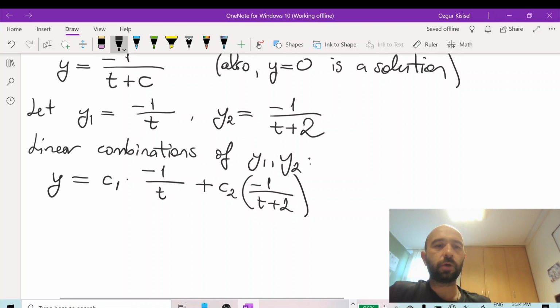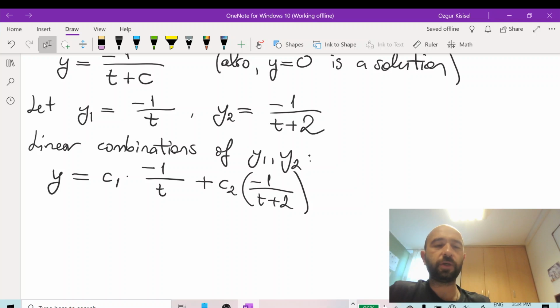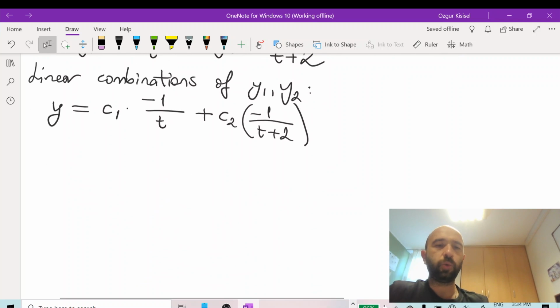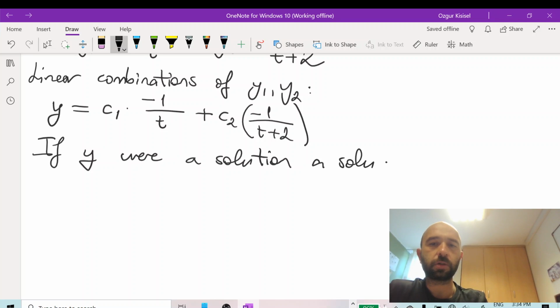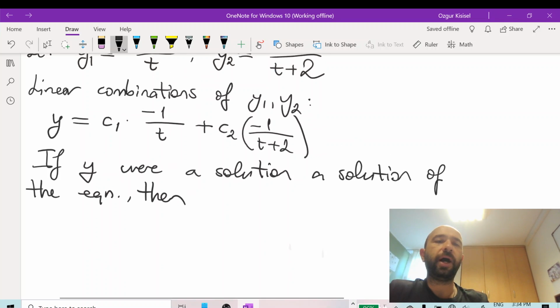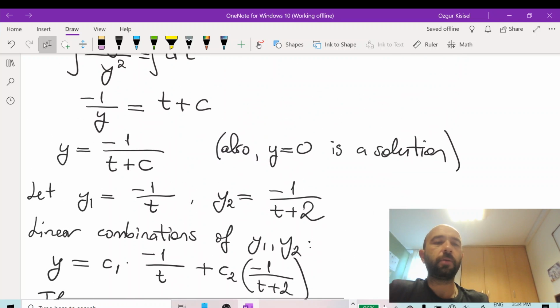Now, is this again a solution of the equation? Well, if y were a solution of the equation, then it must be either of the form minus 1 over t plus c for some new value of c maybe, or y equals 0.